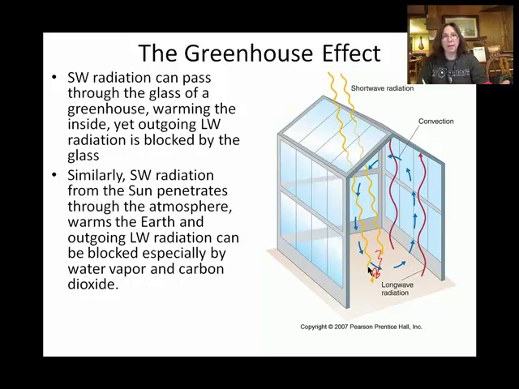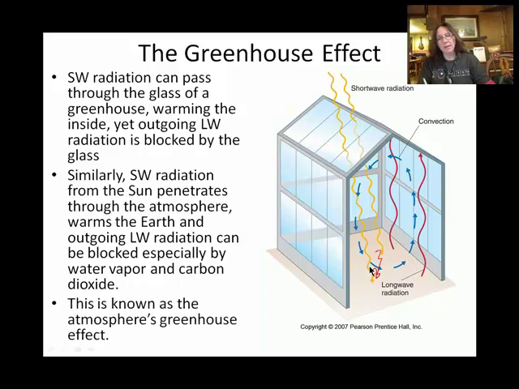Say you have black upholstery, and the visible light will come through your windows, interact with your black upholstery, and heat up the inside of your car, and your glass is a good thing to block infrared, thermal energy. So that's kind of what we've got going on here. It's known as the greenhouse effect.